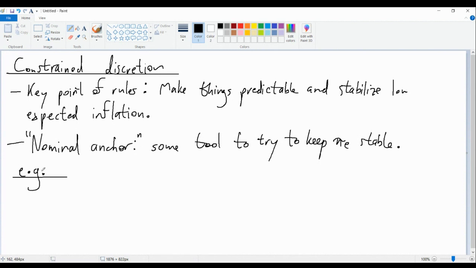One example, probably the main example, is what the United States actually does. The United States pursues a form of constrained discretion that's known as inflation targeting. And inflation targeting has two parts, and this is key to the functioning of the nominal anchor.